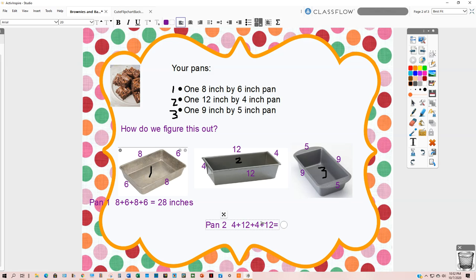There's 16 here too. So now all I got to do is 16 plus 16. That gives me 32. That means all the way around, I have 32 inches.